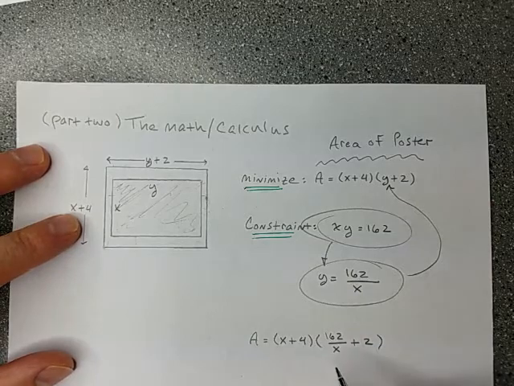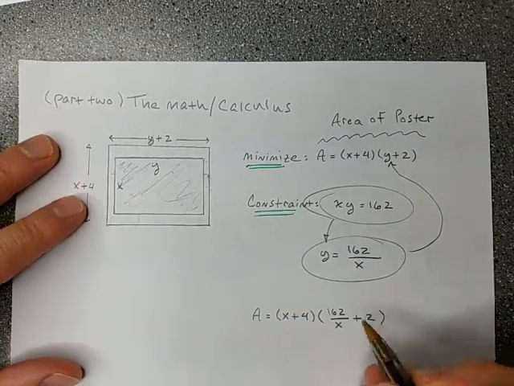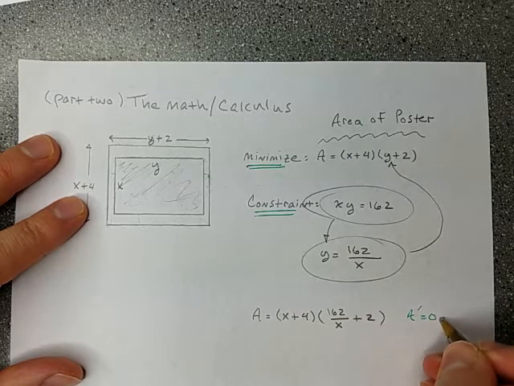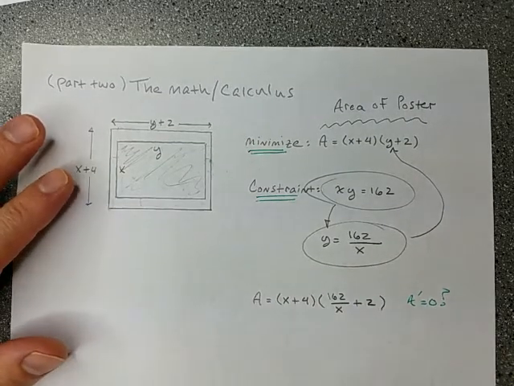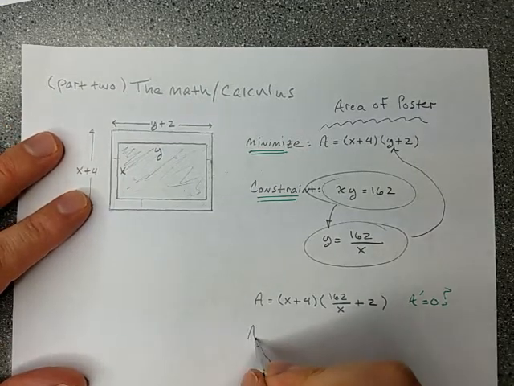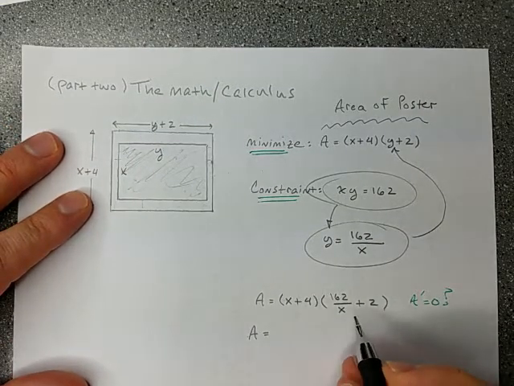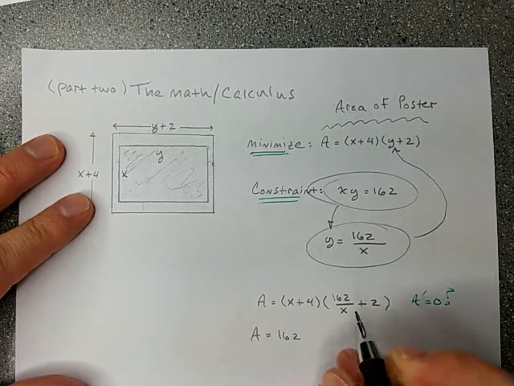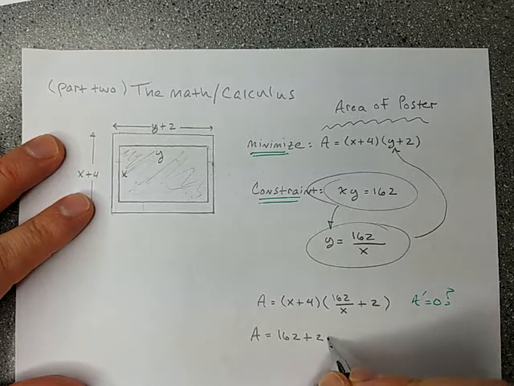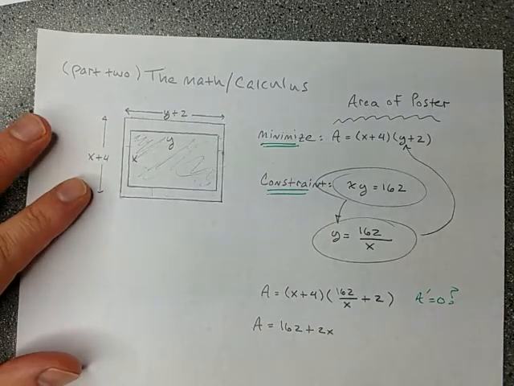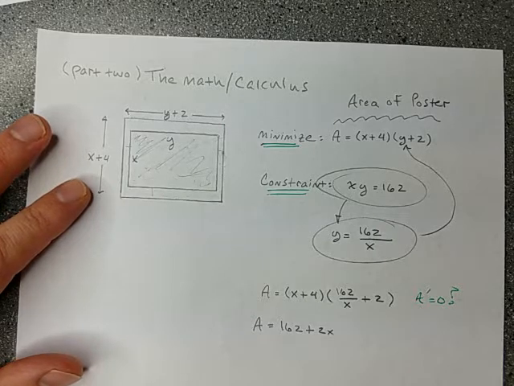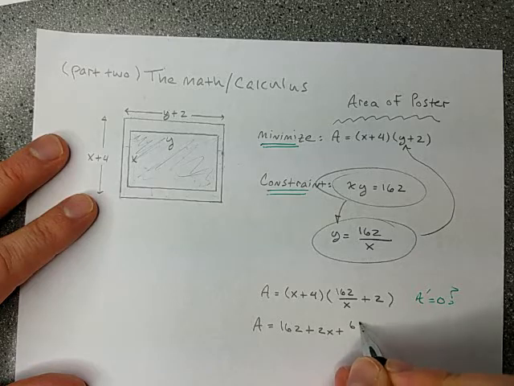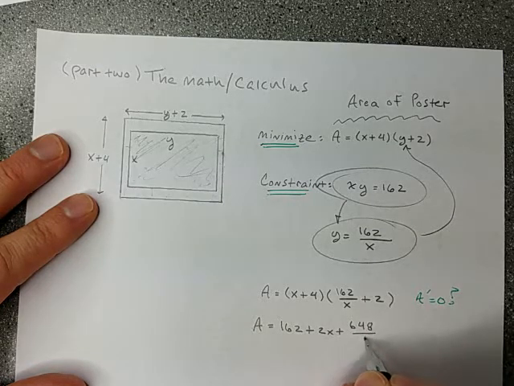All right, so what do I do with this now? I want to minimize this, and that will involve finding the derivative, setting it equal to 0 and solving. In order to do that, I think it would be best to multiply all this together. So x times 162 over x is just 162. Then I get 2x. Then 162 and 4 gives 648 over x.